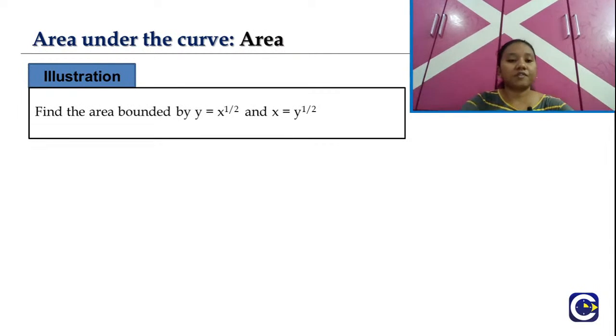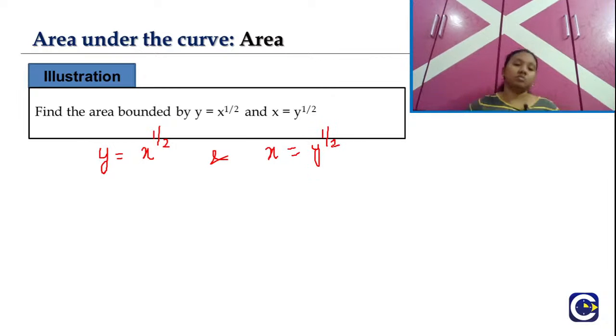So here comes the first one. You can apply the formula and let me know the answer quickly. Find the area bounded by the curve y equal to x power 1 by 2 and the curve x equal to y power 1 by 2. So use the formulas we have just discussed and you can get the answer.